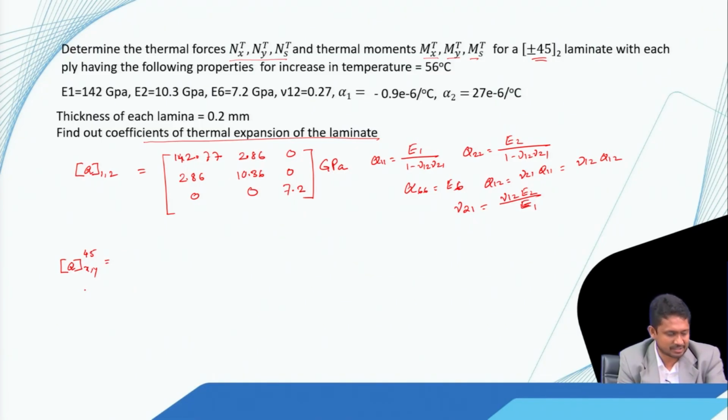So, with those transformation relations, finally we can find out the Q matrix for the 45 degree plies, and the Q matrix becomes QXX 46.91, then QXY is 32.51 and QXS is 33.10, then 32.51, QYY is the same thing 46.91, and we have 33.10.